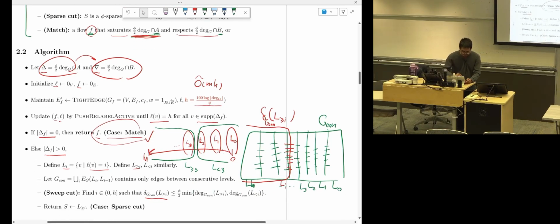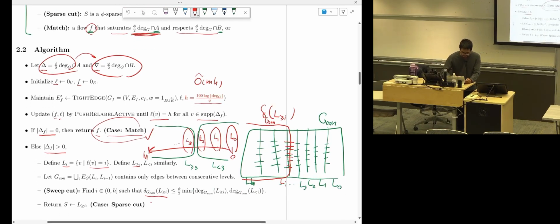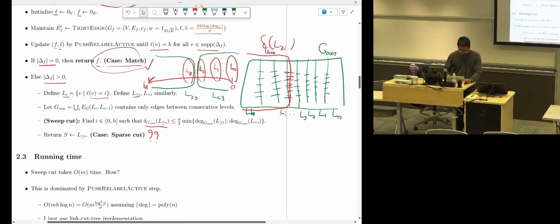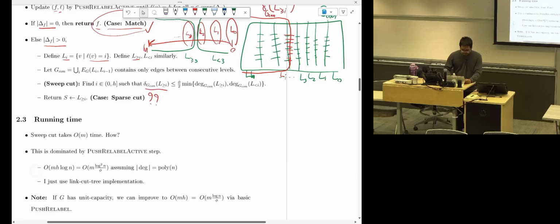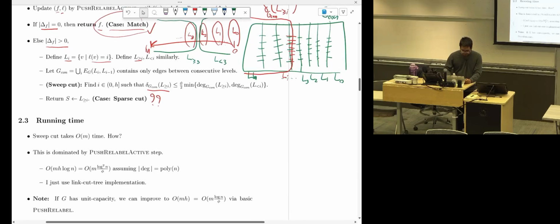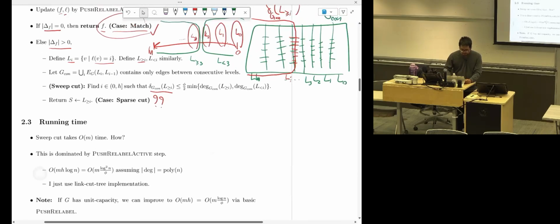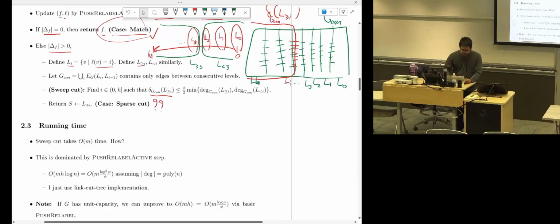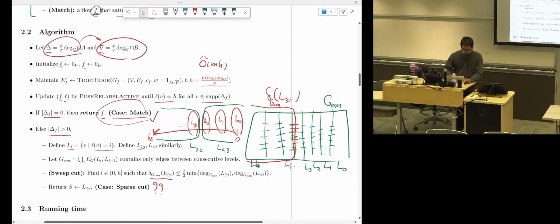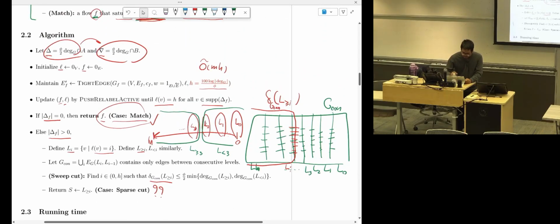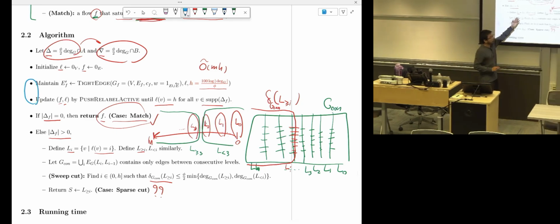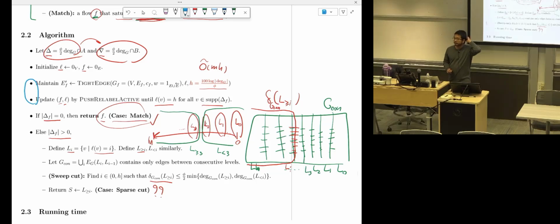So that's why this should be correct. Let's see the running time for a bit. There are basically two non-trivial parts. One is this part, to do the push-relabel like before.